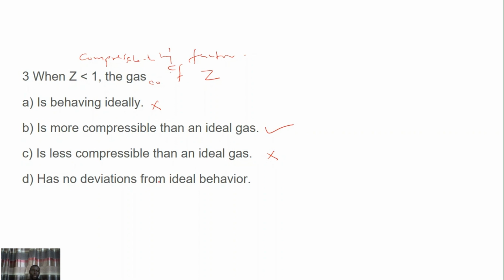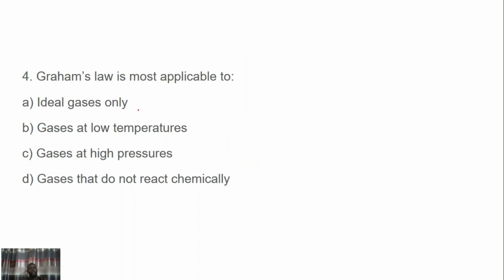It has no deviation from ideal behavior. That is false, because at this stage, it has already deviated from an ideal gas. In an ideal gas, the force of attraction between molecules is negligible, while in this case, the force of attraction between molecules is high, because the Z, which is the compressibility factor, is less than 1.